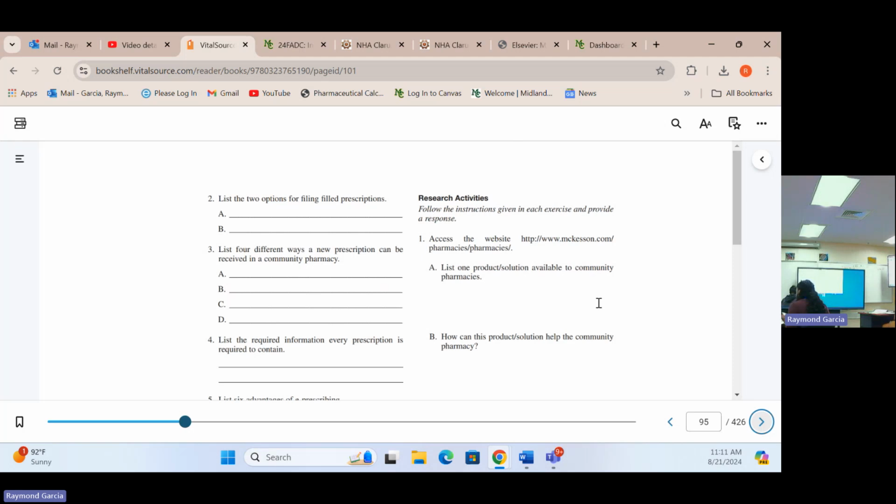All right. What are 4 different ways a new prescription can be received in a community pharmacy?